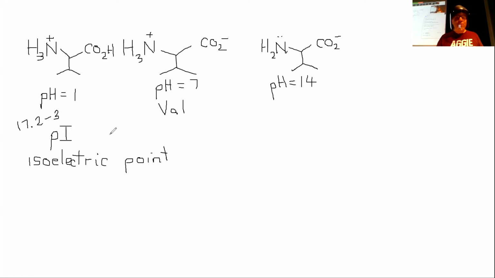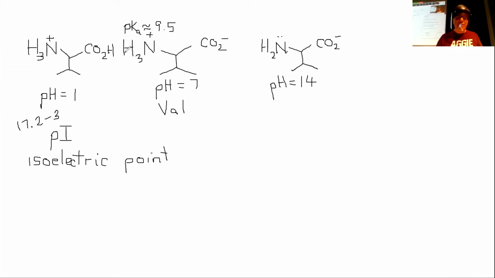All you need to do is average the pKa's of the ammonium group and the carboxylic acid group. And again, the pKa of these ammonium groups, I don't know the exact number for valine, but I would guess it's round and about 9.5 or 10. That's pretty typical. You can see that when you look at the table in the book, which again, I do not want you to memorize all of these different exact pKa's.